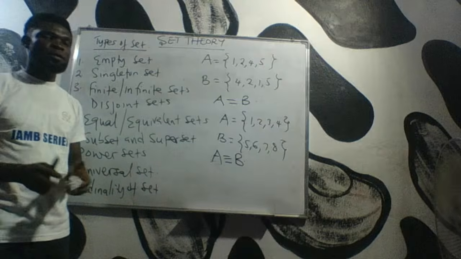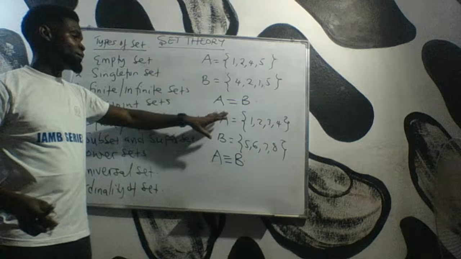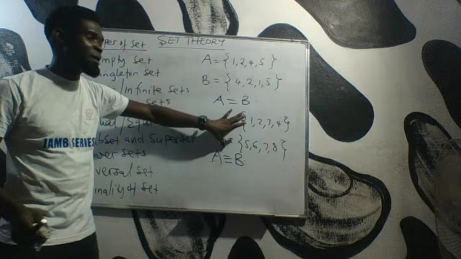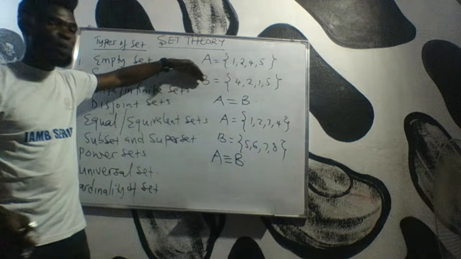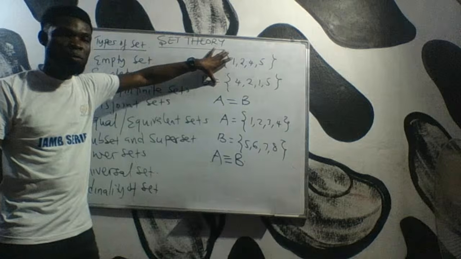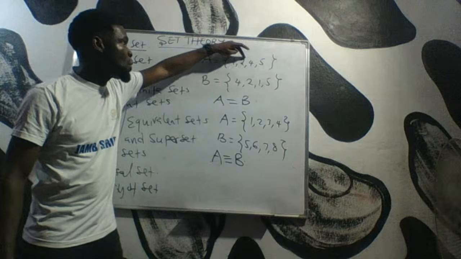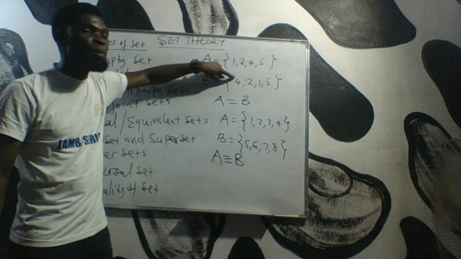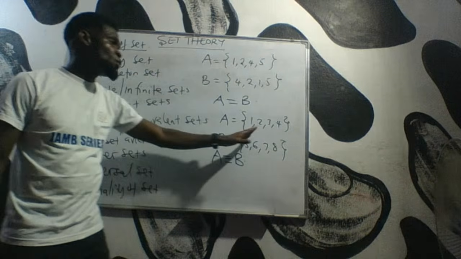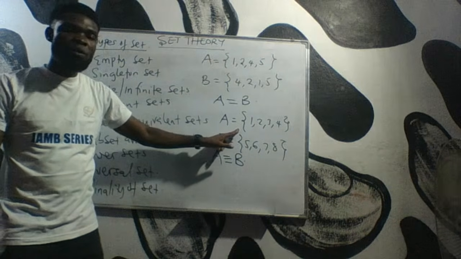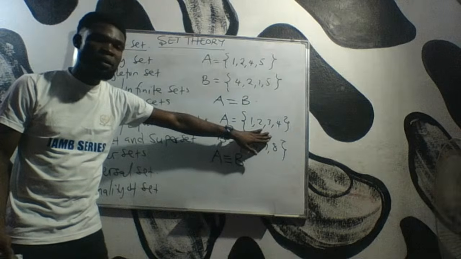Please note the difference. But I hope you know that these sets can also be called, okay, A and B are equal because they have the same elements. But this one, they are equivalent because they have the same cardinality.